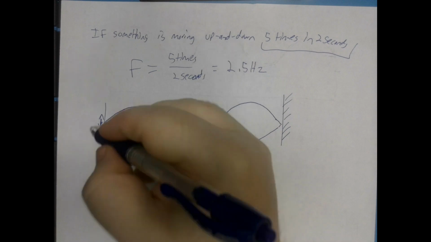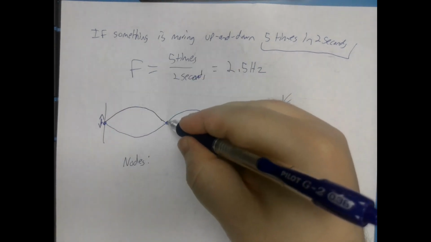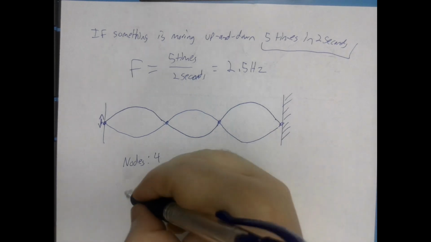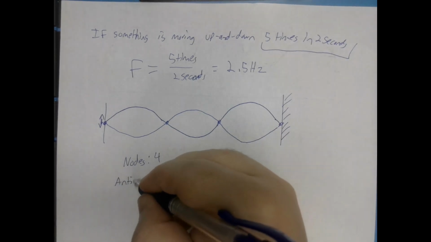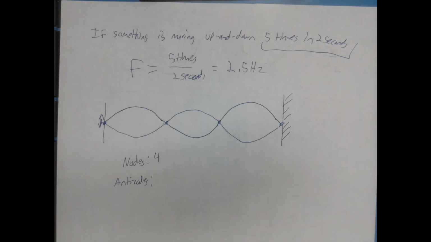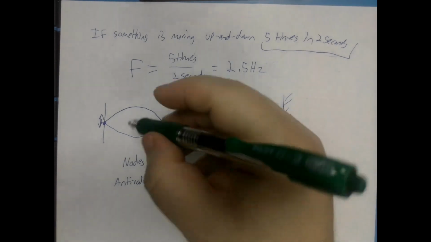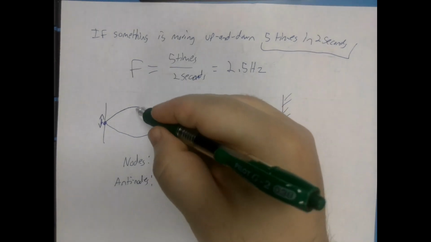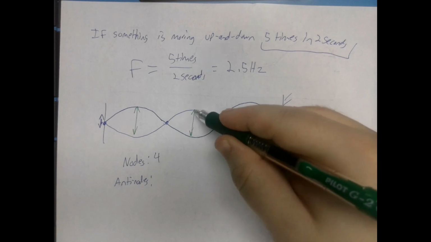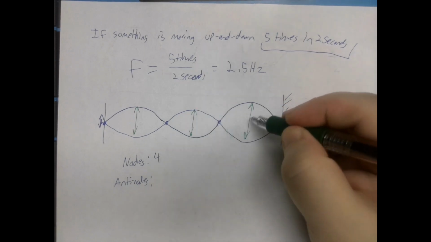There will be 1, 2, 3, 4 nodes, and antinodes here, here, and here.